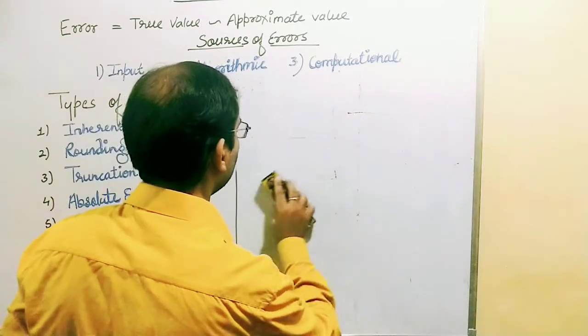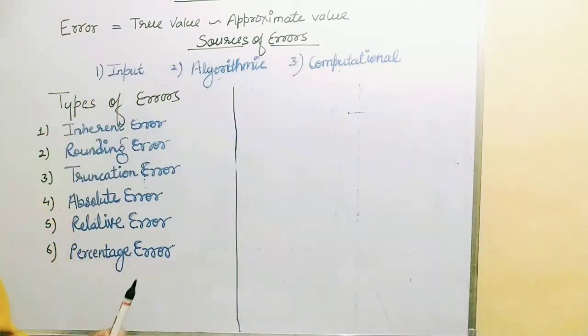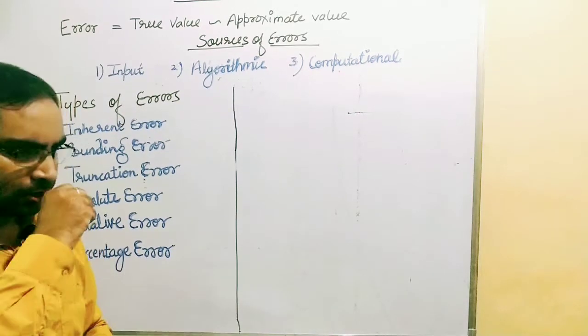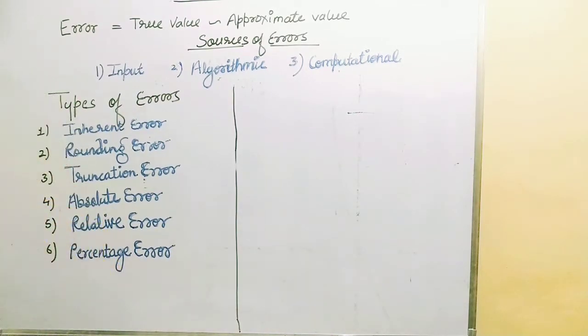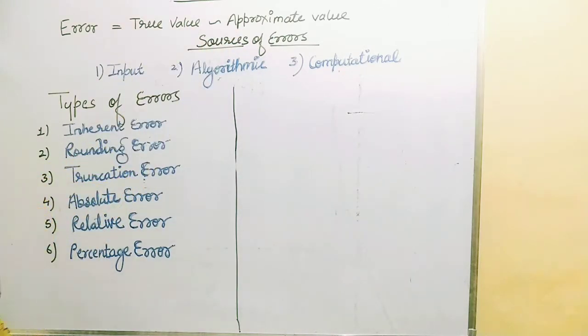Now let's talk about the other three errors which we will be using in the calculation also, in numerical sums also. So one is the absolute error. The formula for the absolute error is written here: the difference between the true value and the approximate value is known as the absolute error.